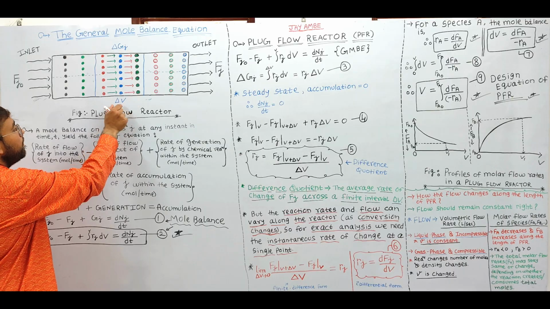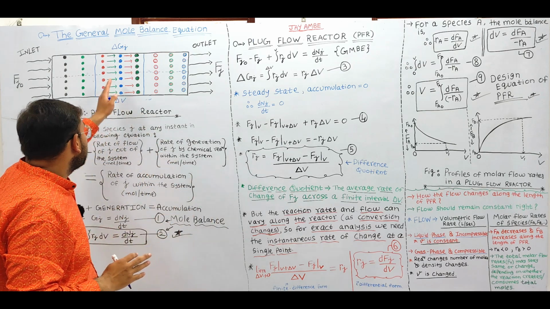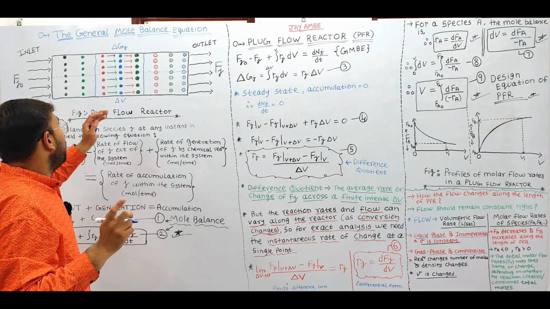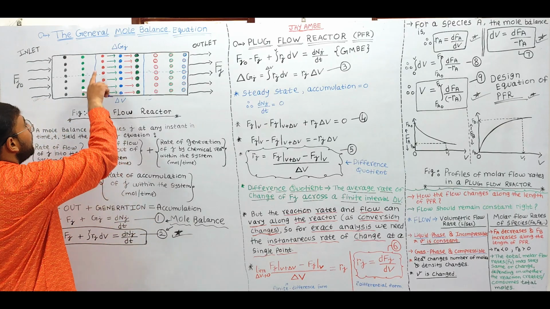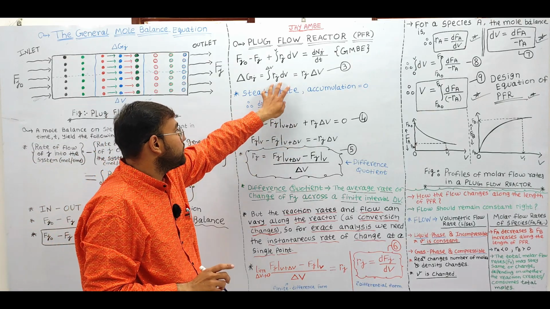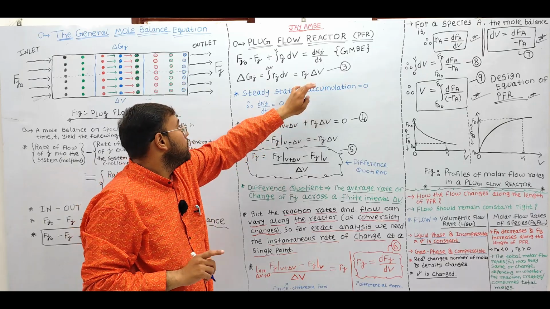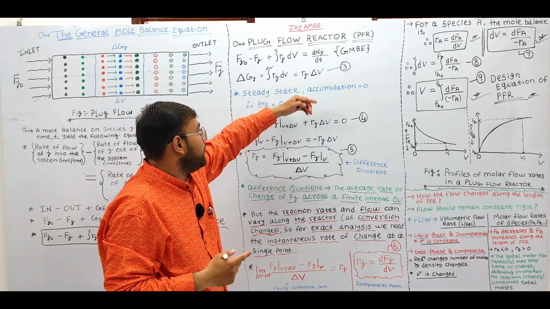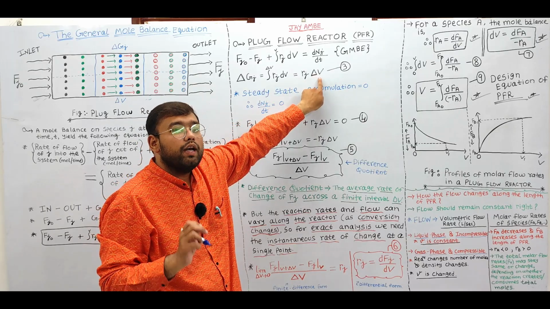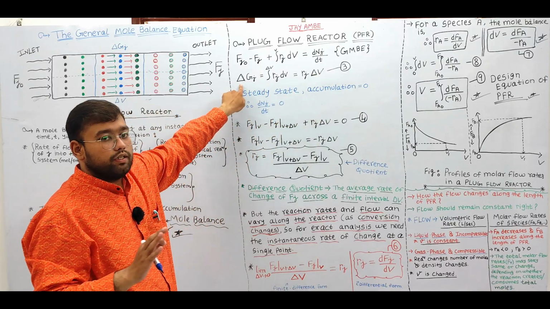For the finite volume delta V, we'll have a uniform rate of generation throughout the entire finite volume, and a uniform rate of formation of any chemical species throughout the entire volume delta V. Due to those reasons we are writing this form of the generation term. I hope you understood. So delta Gj can be written as rj times delta V, because in the finite delta V volume we will have a uniform rate of formation and uniform rate of generation.